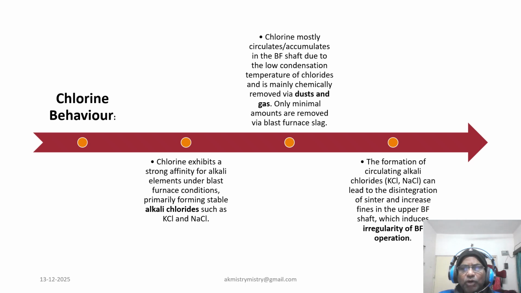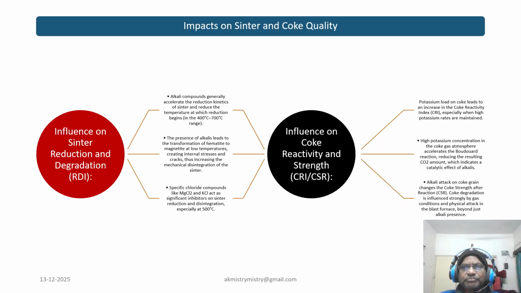Now, coming to our next slide, which discusses the direct impact on our burden material, starting with the sinter reduction degradation index. Alkali generally accelerate the reduction kinetics and lower the onset temperature of the reduction to between 400 degrees centigrade and 700 degrees centigrade.